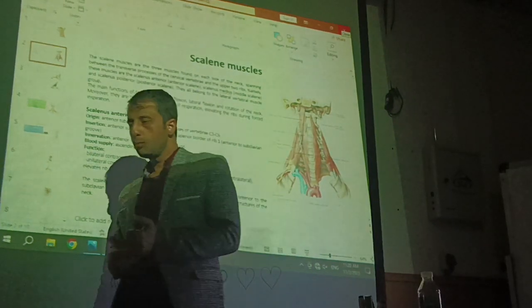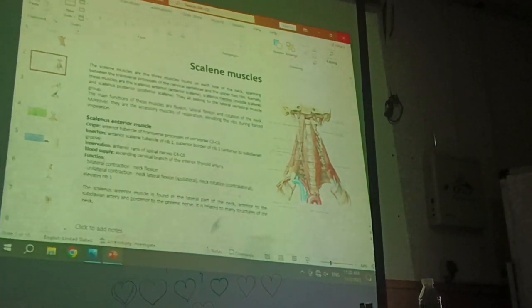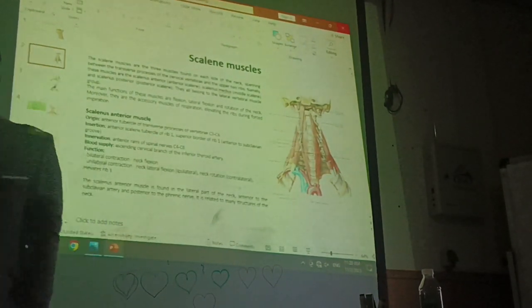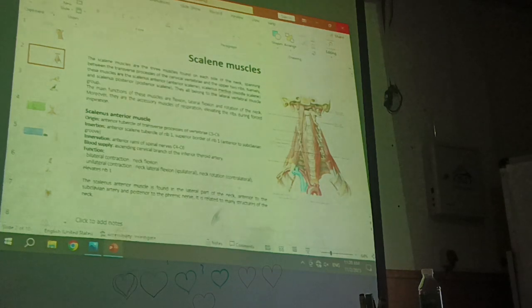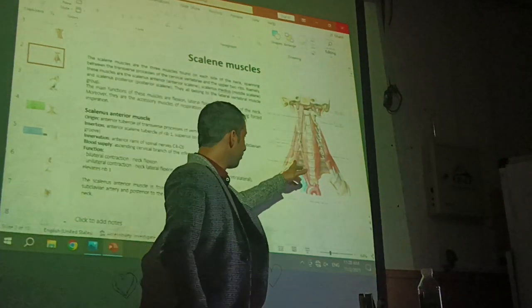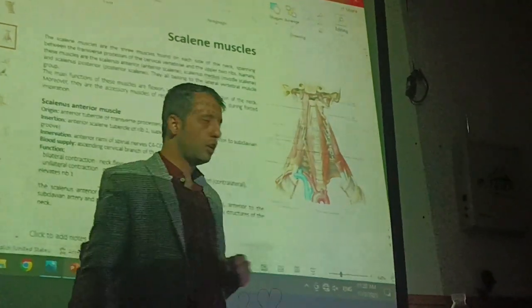The scalenus muscles have three parts: anterior scalenus, posterior scalenus, and middle scalenus muscle. As you can see in this area, the anterior scalenus muscle.